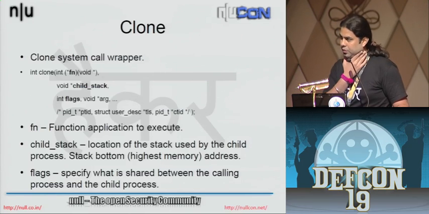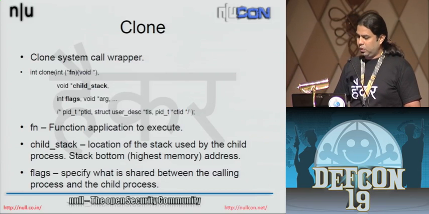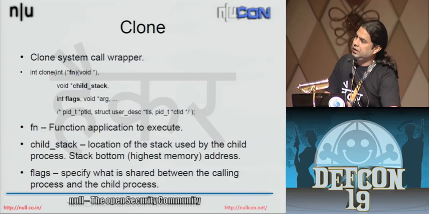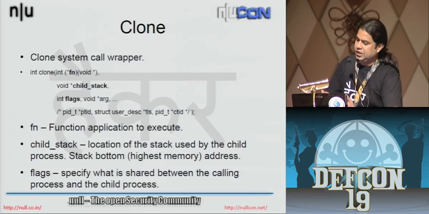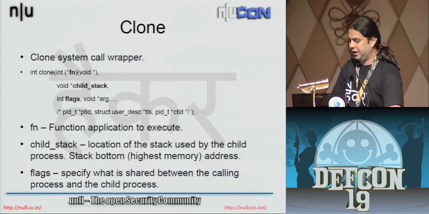So threadification. I use the mmap code to first allocate memory inside the process. So I allocate memory for the thread, and I allocate memory for the thread stack. And then I call the clone. So I inject the clone shellcode, which also contains my payload that I will come to later.